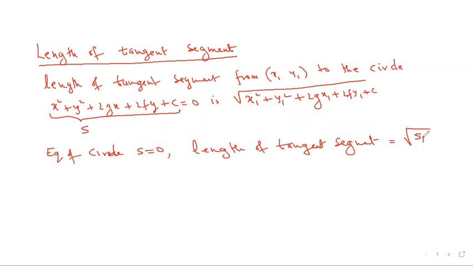Do you understand the meaning of S1? X and y are replaced by the coordinates. Substitute x as x1 and y as y1, and what you get is S1. This is the notation we will be applying. Root S1.